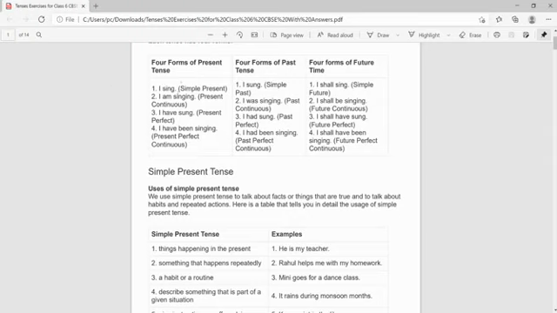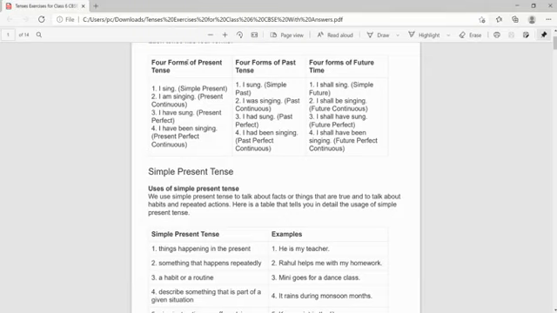As I told you, there are 4 different forms of each tense. If you talk about present tense, there are 4 forms in present. Similarly, there are 4 different forms in past, and there are 4 different forms in future.